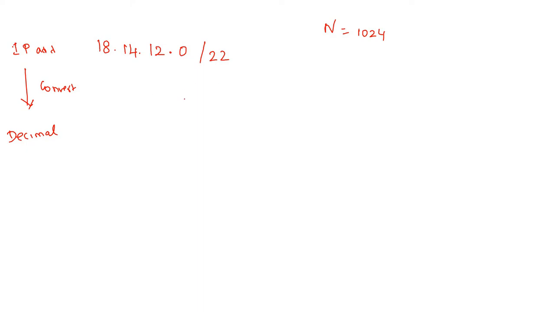First we have to identify the positions. We already know the base of a dotted decimal IP address is 256. These are the positions: the 0th position, first position, second position, and third position. So it's 256 power 0, 256 power 1, 256 power 2, and 256 power 3.